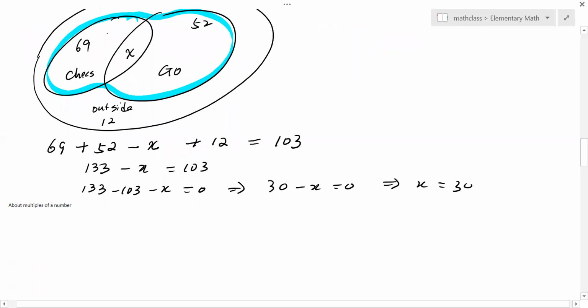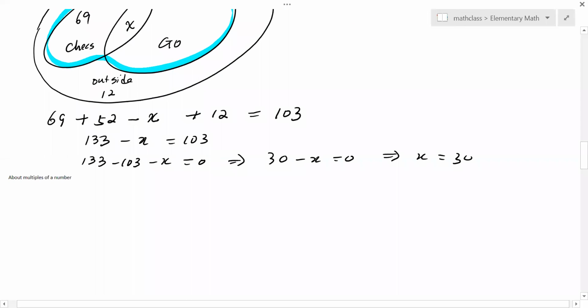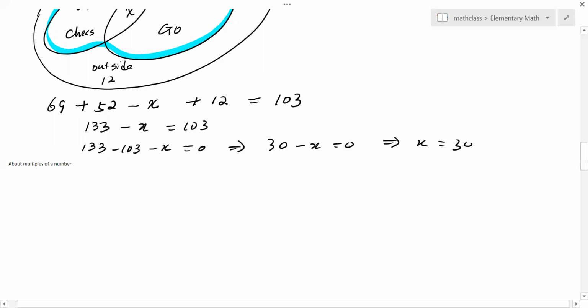Now let's talk about number theory. It's about multiples of a number. Let me give an example. 24 is 3 times 8. Then we say that 24 is a multiple of 3.